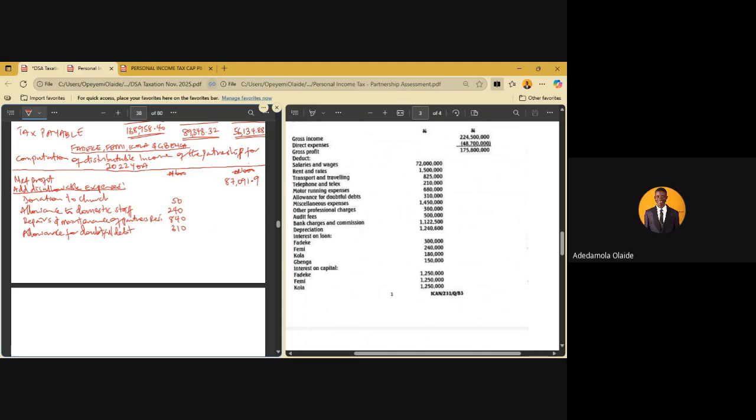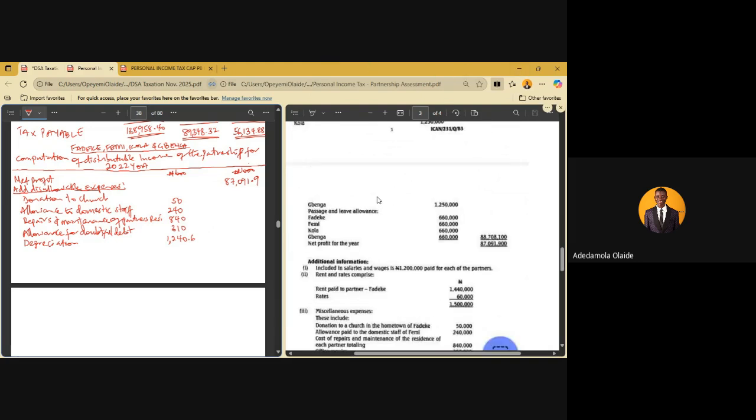Miscellaneous treated. Professional charges allowable, audit fee allowable, bank charges and commission allowable, depreciation 1,240.6, interest on loan allowable, interest on capital, all of which are allowable. So what do we have?